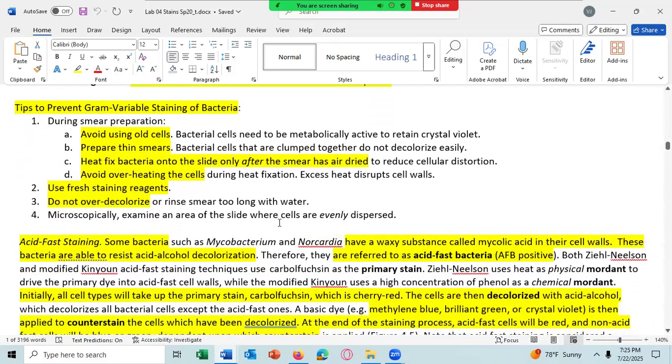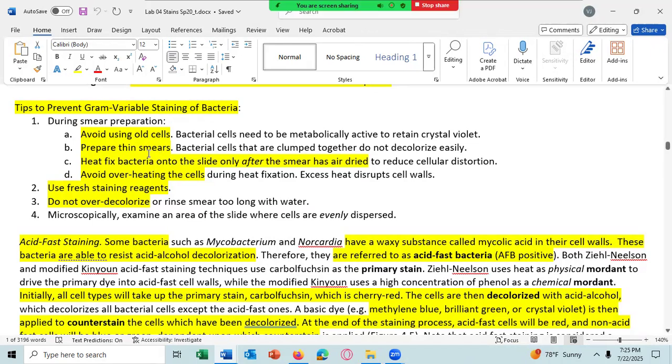So to prevent gram variable results, avoid using old cells. Prepare a thin smear. If you have a thick smear, it's going to be trouble for the dye getting through the layers of cells to get to the bottom cells. And then when you're doing the decolorizing step, it's going to be hard for the decolorizer to pull out the crystal violet iodine complex from the bottom layer of a thick layer of cells.